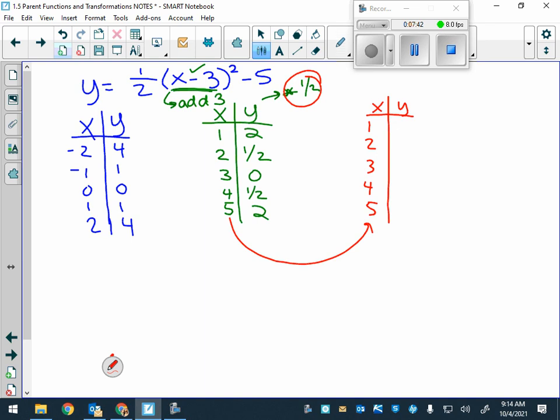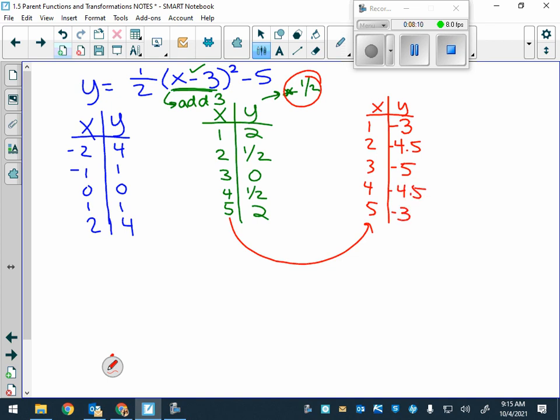I took care of the multiplying by 1/2. Yep. Then I have to subtract 5. What's 2 minus 5? Okay. What's 1/2 minus 5? Then we have this, and then we have the other 2 points again.